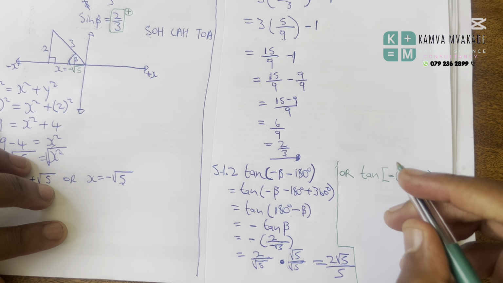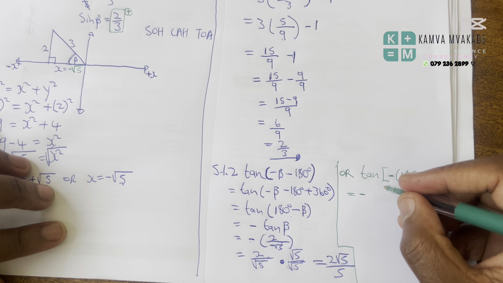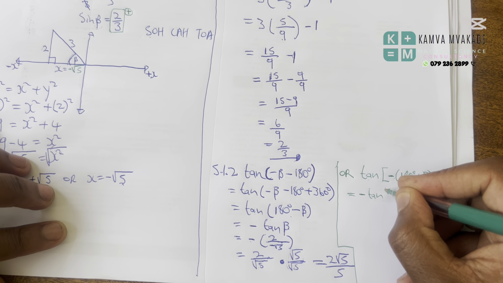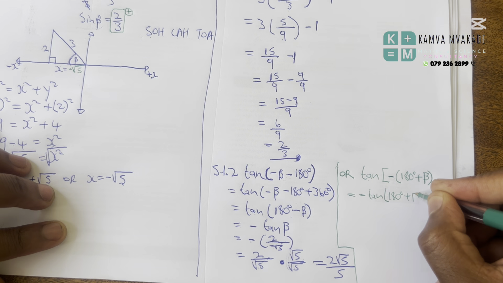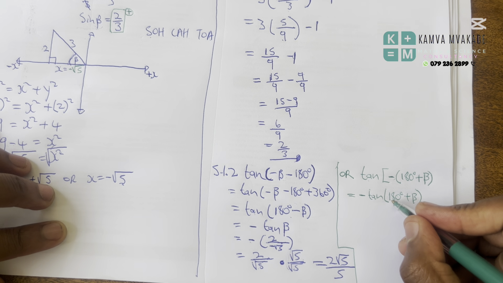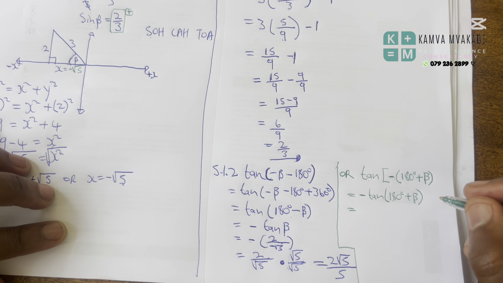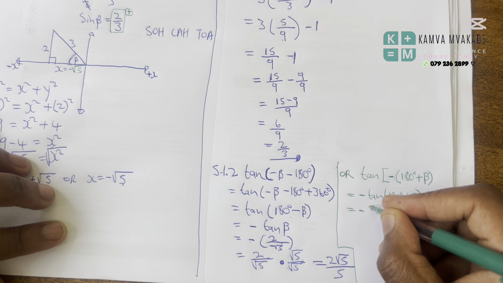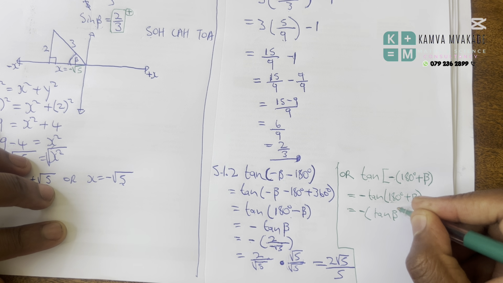And tan of a negative angle is negative. Now we're going to have negative tan of 180 degrees plus beta. 180 plus beta is in quadrant number 3. Tan is positive there. Now we have negative tan beta.